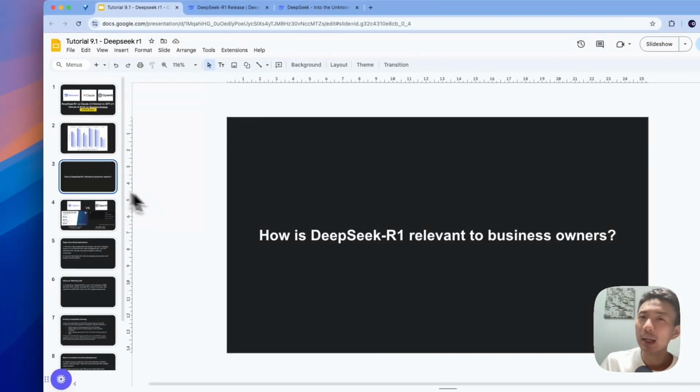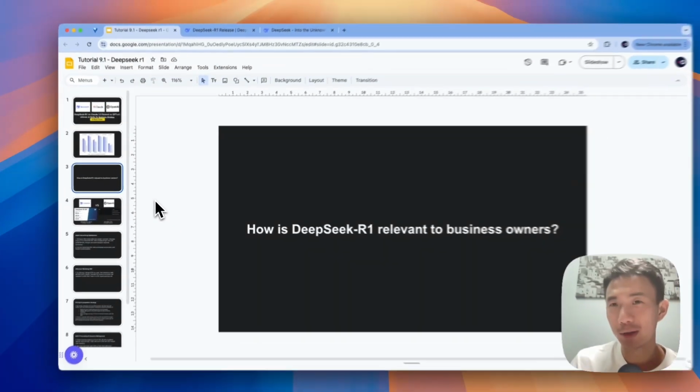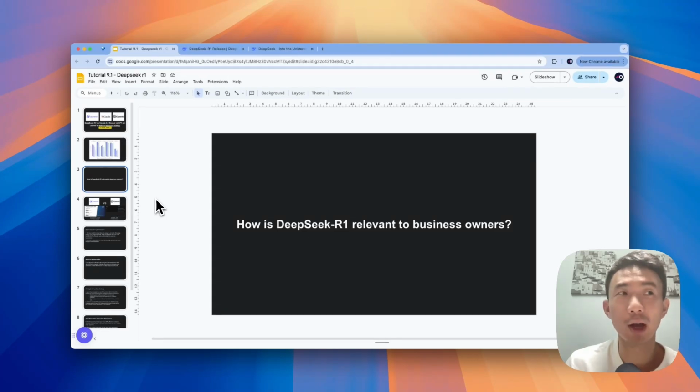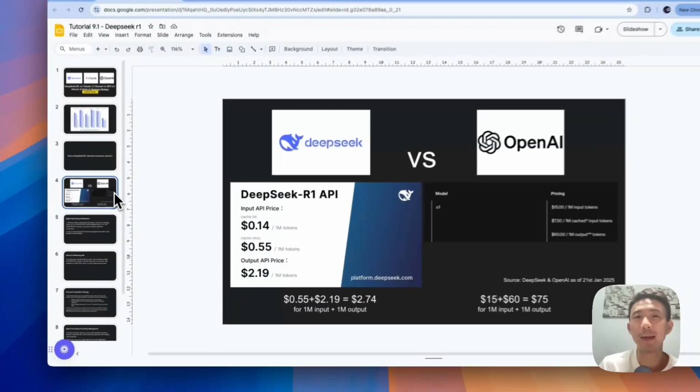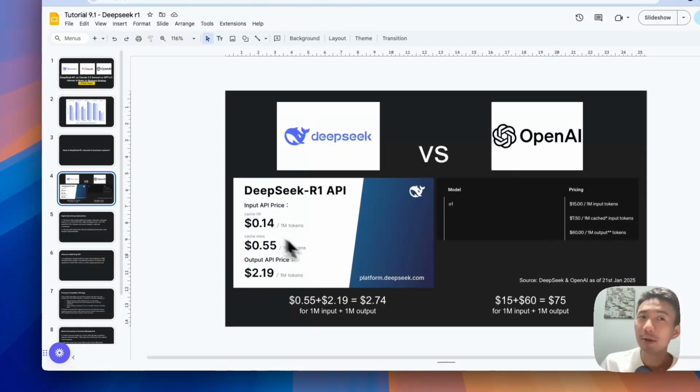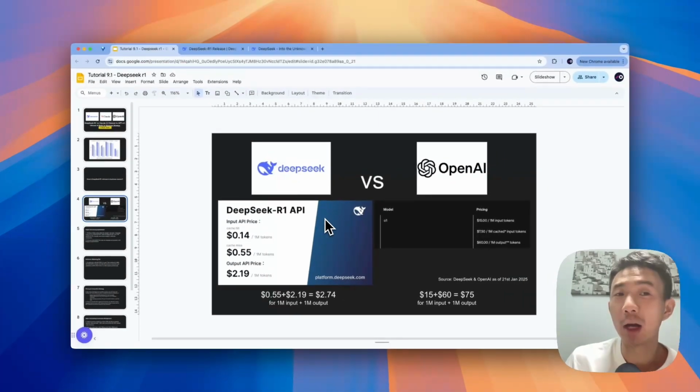But what would be the implications for us, for business owners, for marketers, etc.? First of all, let's talk about the cost. On the left-hand side, you can see the DeepSeek-R1 API cost. For 1 million input tokens and 1 million output tokens, the total cost is just $2.74 US.